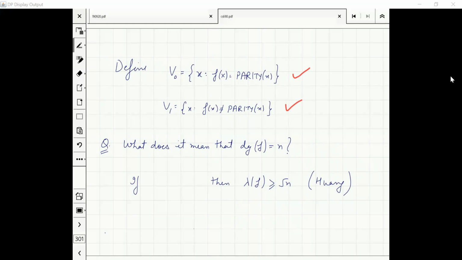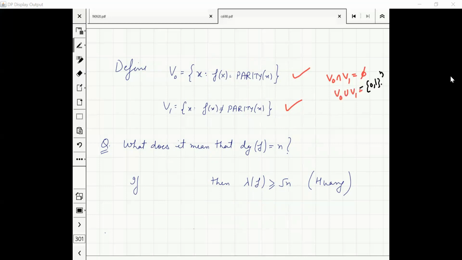V1 is the set of all x's where the function does not agree with it. What about V0 intersection V1? Null. What about V0 union V1? The entire space, the entire Boolean hypercube.